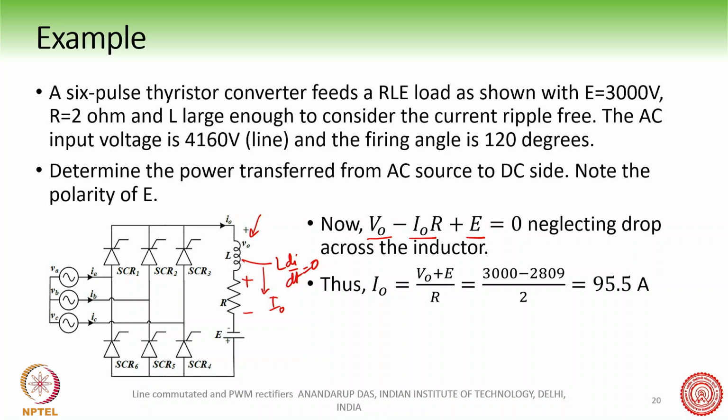Therefore I0 is V0 plus E by R. Since E is equal to 3000 volt, this is 3000 minus 2809, so 95.5 ampere. This much current is flowing.